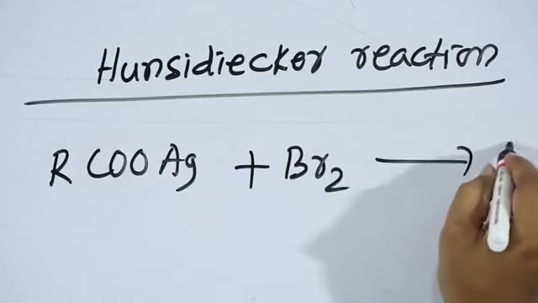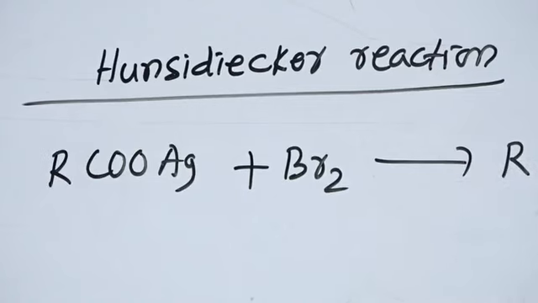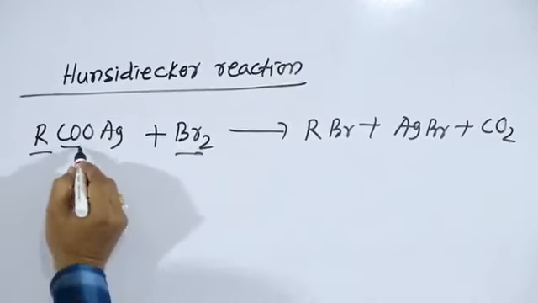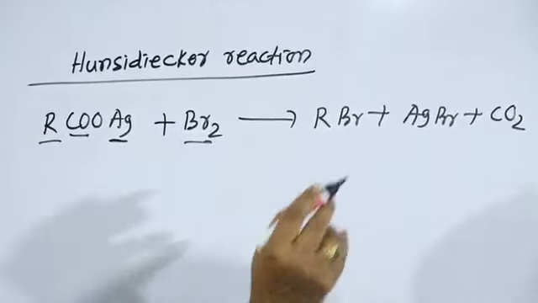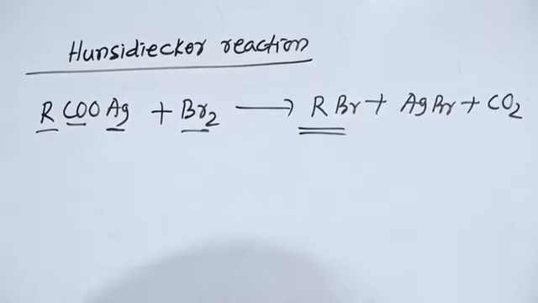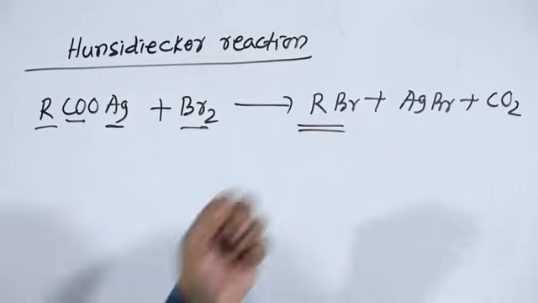So there is the formation of RBr plus AgBr plus CO2. RBr, CO2, and Ag and Br combine to form AgBr. So there is the formation of alkyl bromide compounds.